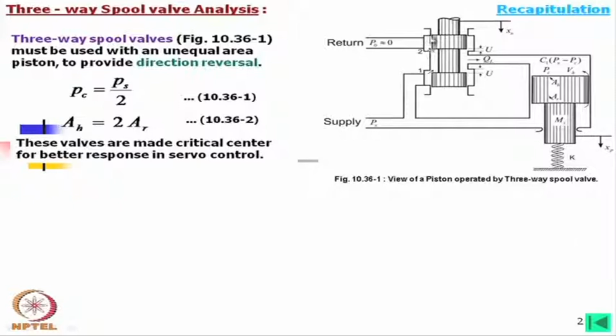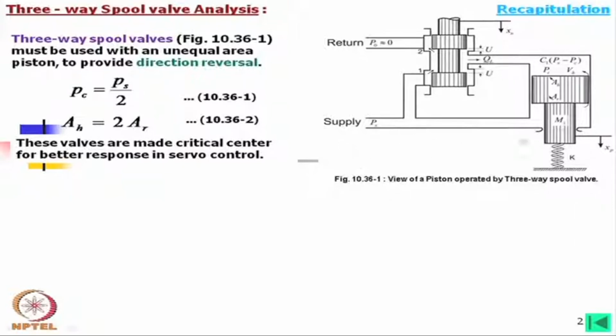the groove width. Anyway, this critical center valve will have very little deadband. That means at the null position there will be less loss, and the response will be very quick. This means that if you move in either direction, the response will begin almost immediately.